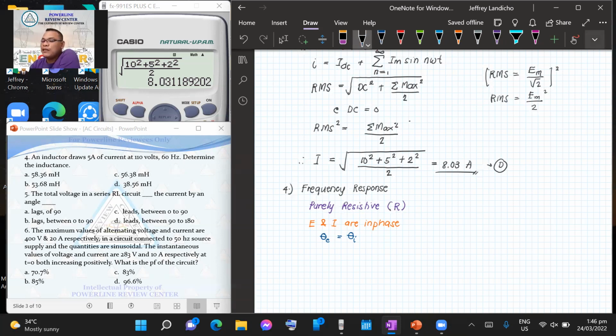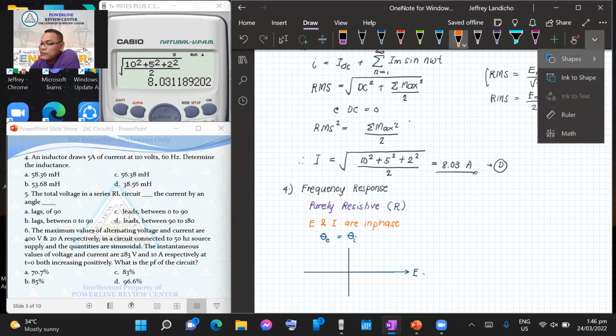So kapag pinlat natin using phasor diagram o yung ating Argand's diagram, para meron tayong idea. So let us consider kung nandito si voltage, so assuming this would be our voltage E, the RMS value of our voltage. So alam natin si resistance, real number din si resistance.